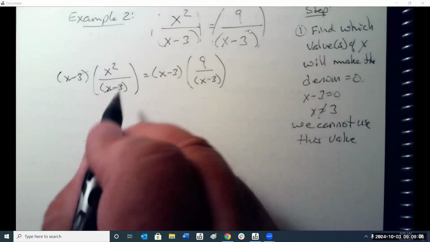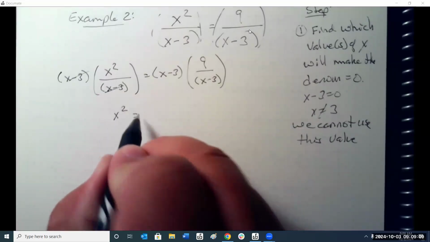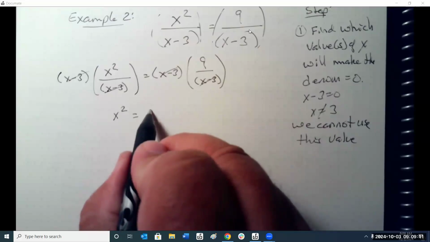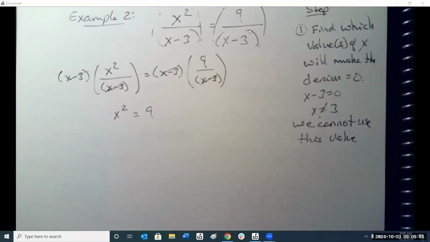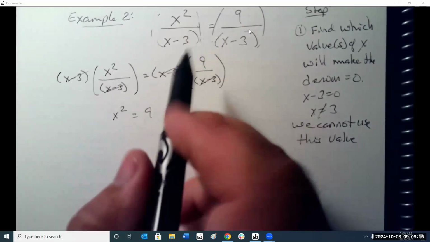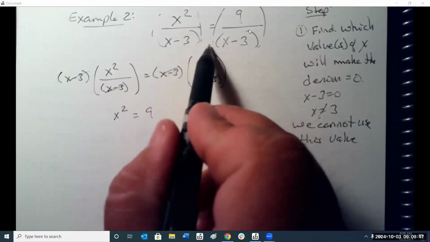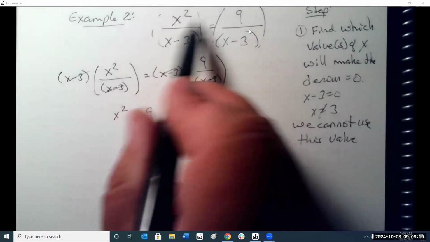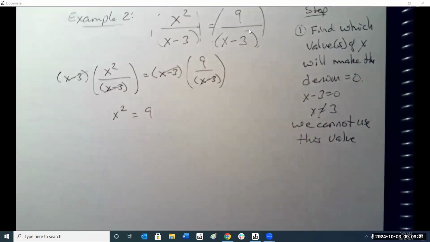The x minus 3 is canceled here and canceled there. So what does that show us? If we have the same denominators, then just go straight to the numerators, because the denominators already cancel each other out.